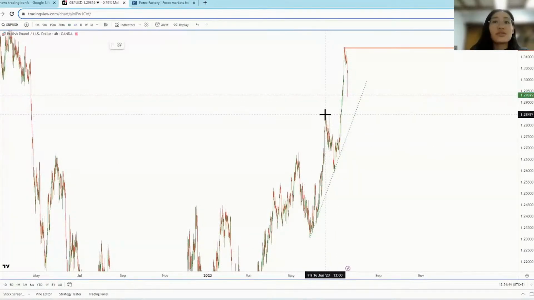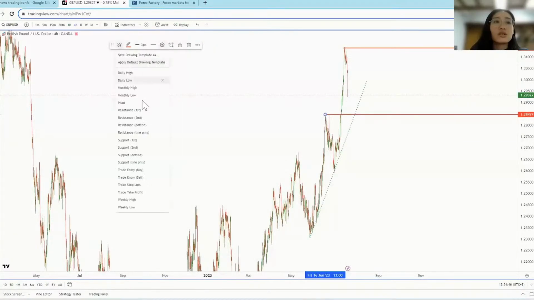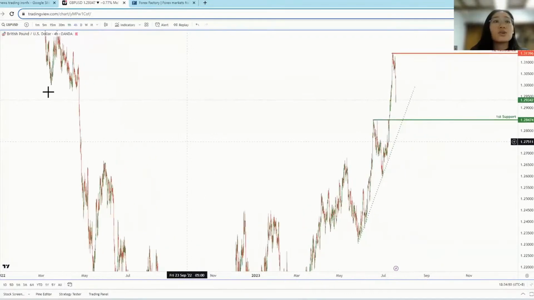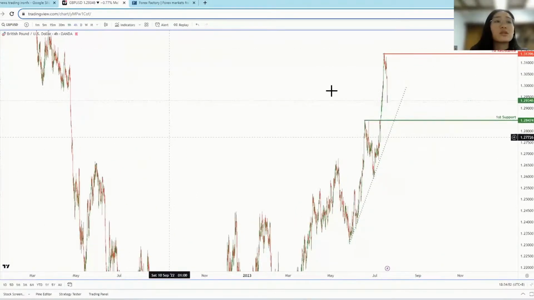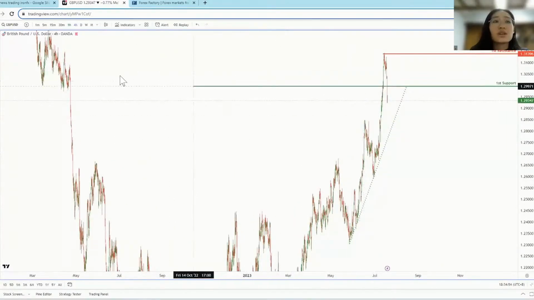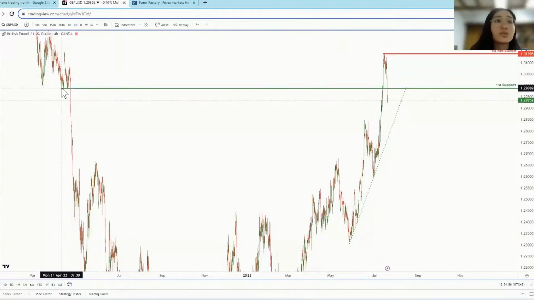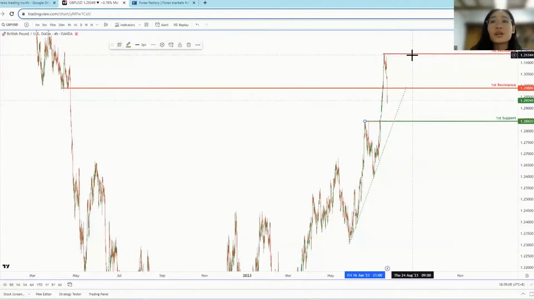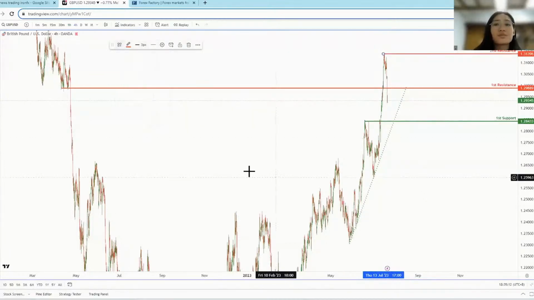This is just graphical, so we will adjust it accordingly later, after we go in with our Fibonacci levels. So that's my first resistance, and then here's my first support, and here is my second resistance instead.